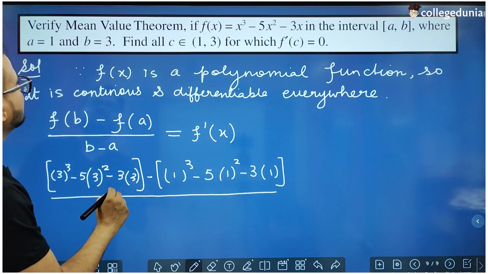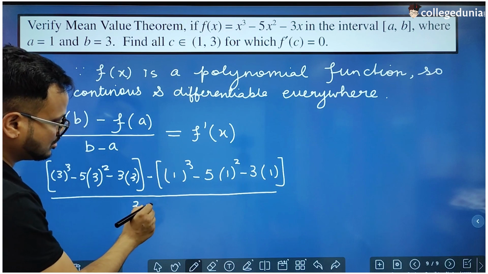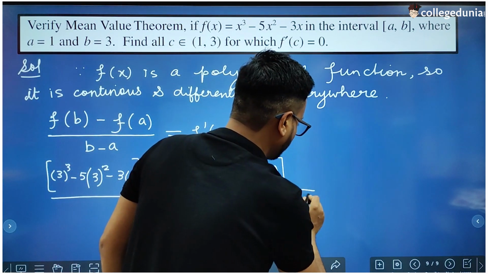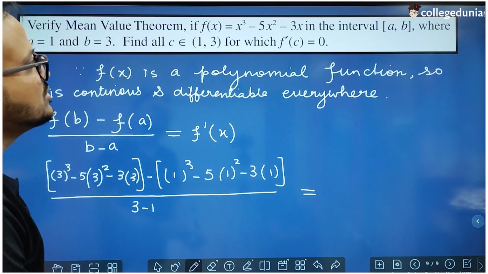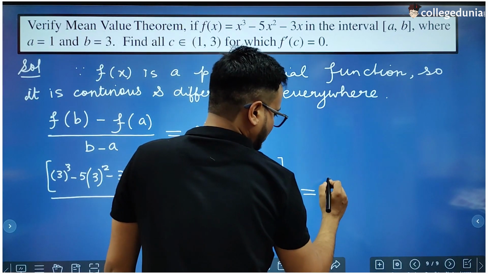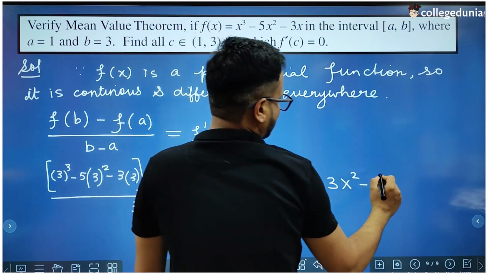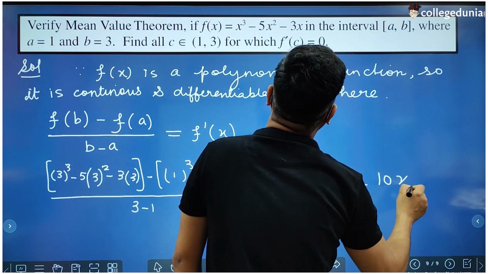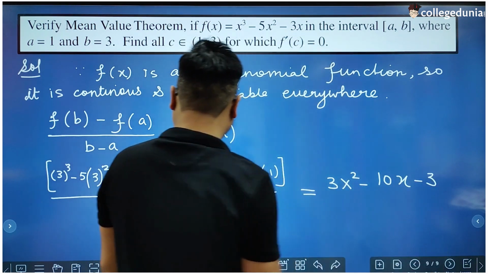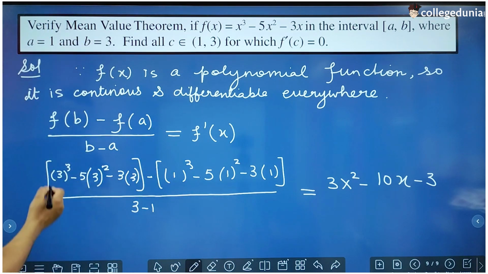divided by 3 minus 1, equal to the derivative of this, which is 3x square minus 10x minus 3. Okay, what is the value?